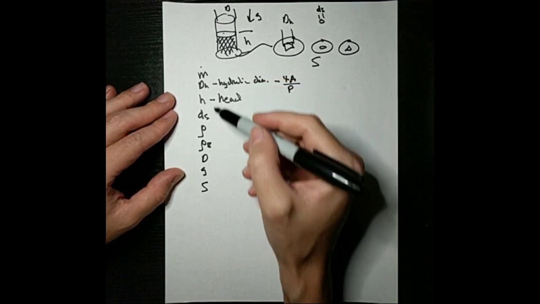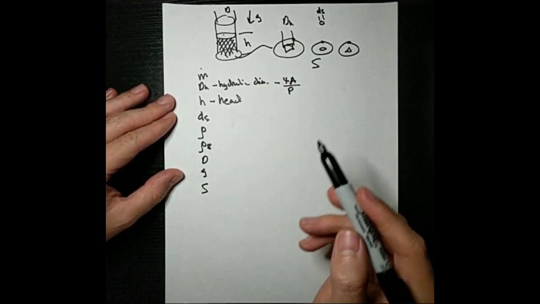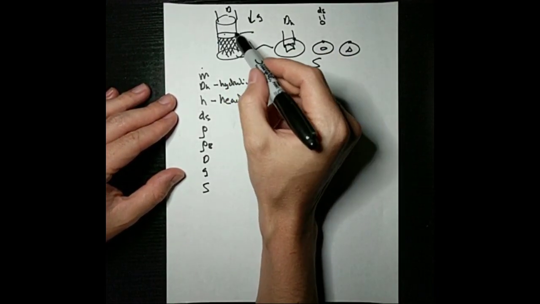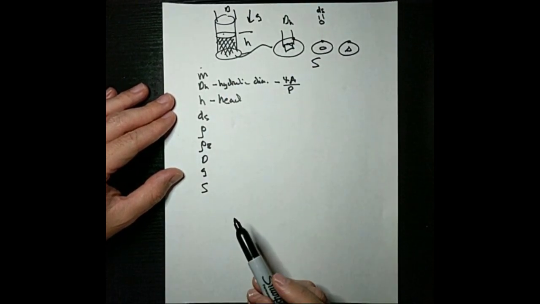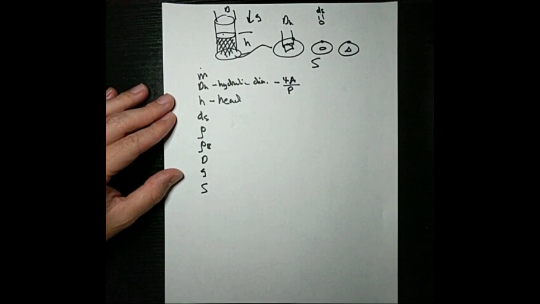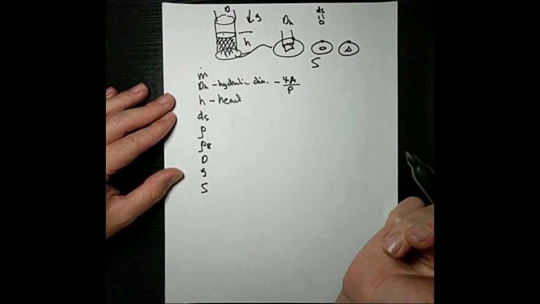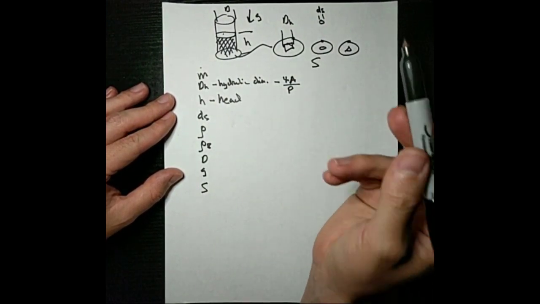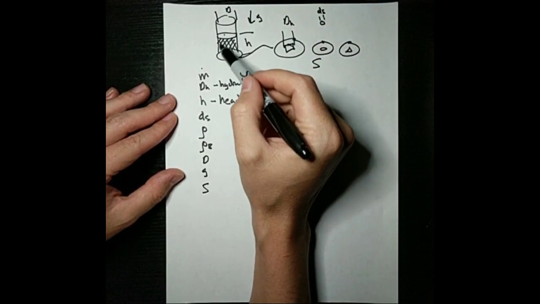So there are definitely parameters that we're leaving out here. We aren't considering friction between the particles and the edges of this column. We aren't considering friction between the particles and each other. We aren't taking any temperature effects into account. We aren't considering static forces.